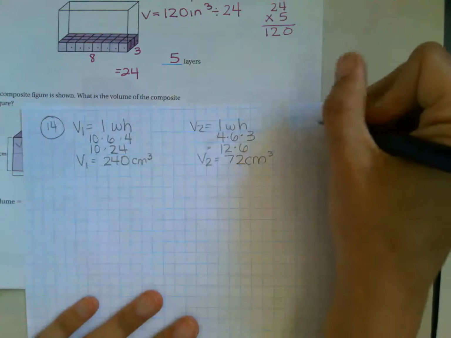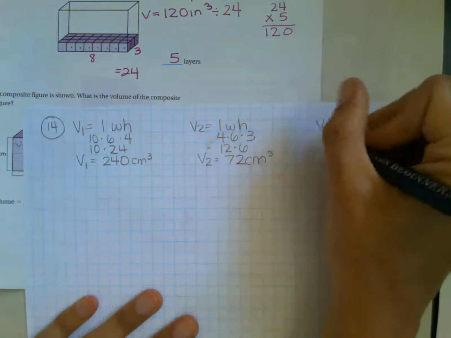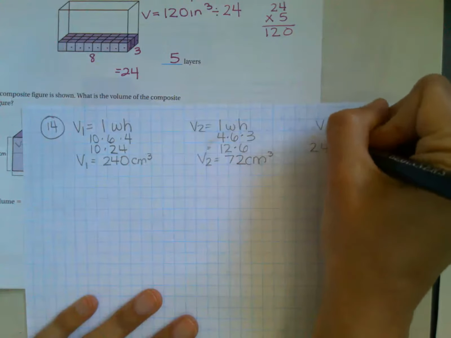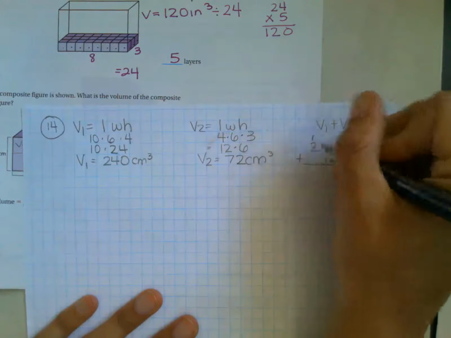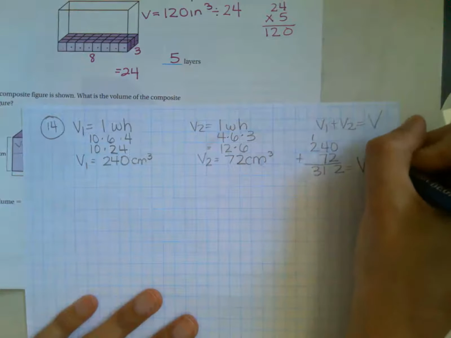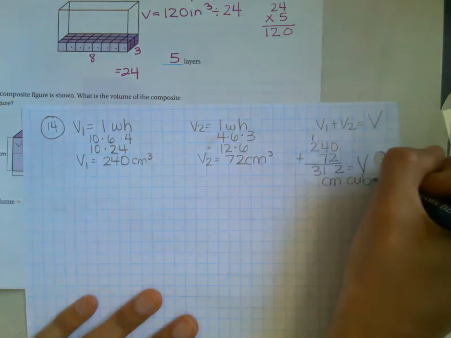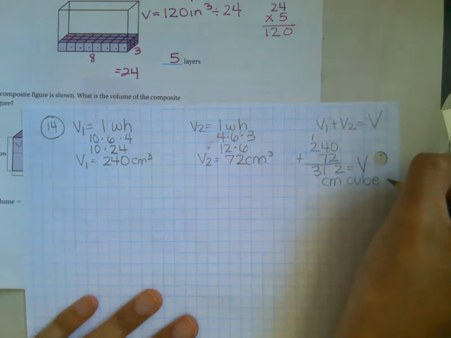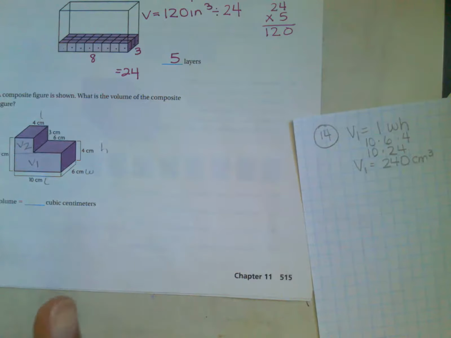So now I'm going to take volume 1 plus volume 2 to get my volume. So 240 plus 72. So 312 cubic centimeters.